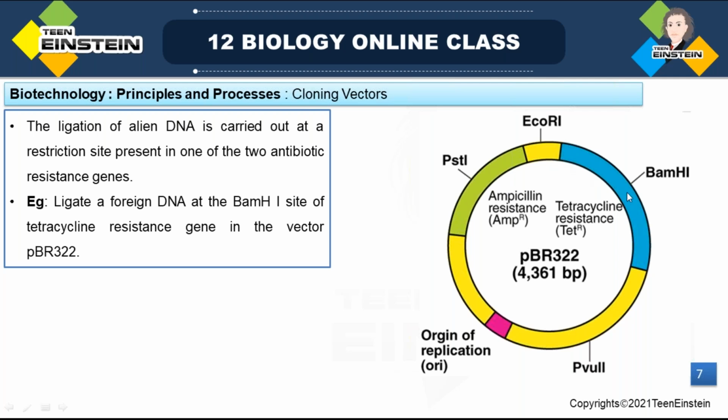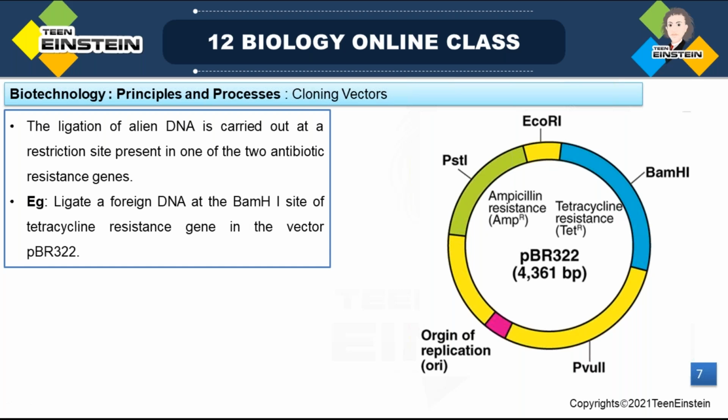See here, they have marked the recognition site, and here the tetracycline resistance gene is present. When the restriction enzyme gets attached at this site, which has BamHI, that vector will have the tetracycline resistance gene in pBR322.